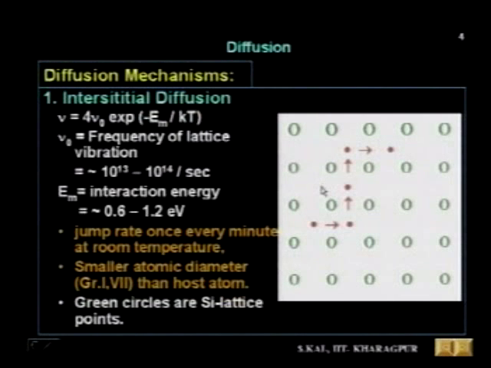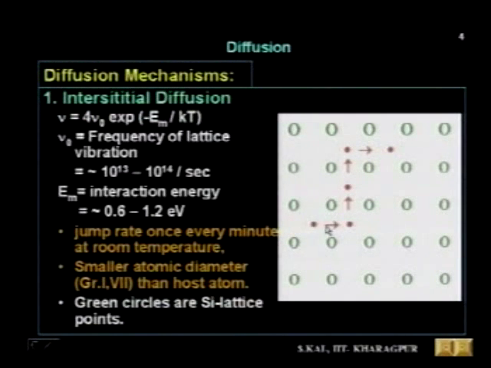In between the silicon lattice points are the interstitial sites, and the impurity atoms will move from one interstitial site to the other interstitial site.